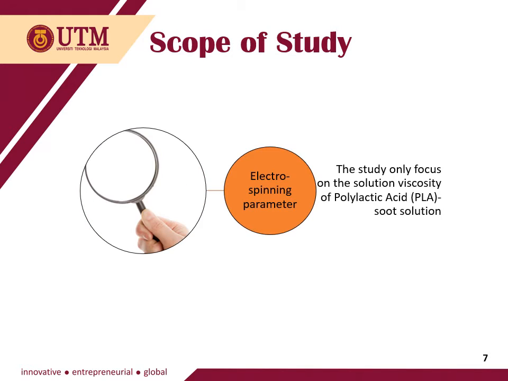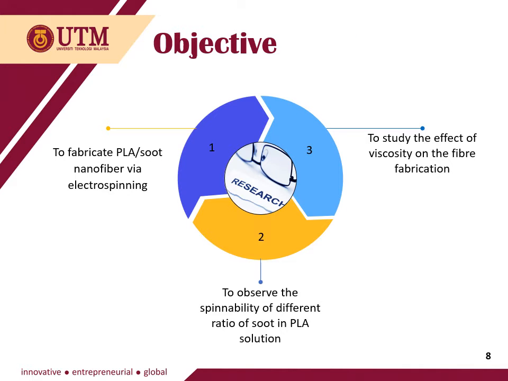For the scope of the study, focusing on the electrospinning parameter, the study focused on the viscosity of the PLA soot solution. The objectives include to fabricate PLA soot nanofiber via electrospinning, observe the spinnability of the PLA soot solution, and study the effect of the viscosity.